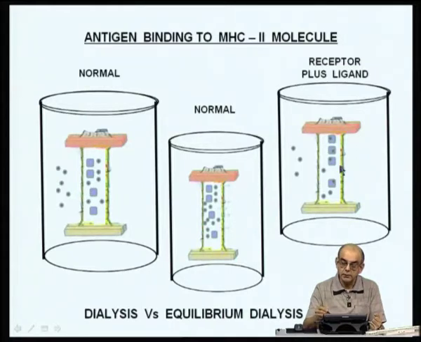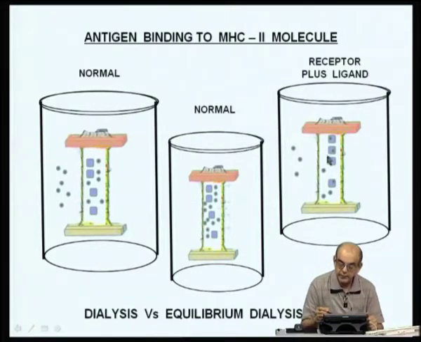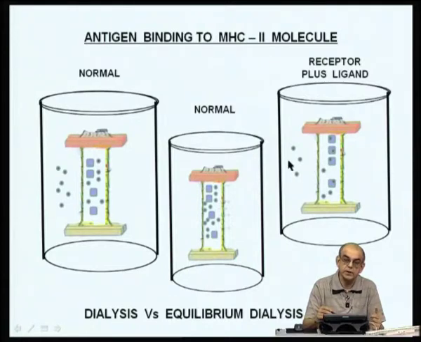So, in this case you have 10 ligand molecules, and out of the 10, 4 are bound by the receptor, and therefore only 6 would be available for diffusion or exchange, and they would equilibrate 3 inside the bag and 3 outside. With further changes of the outside solution, even these 3 would come out.